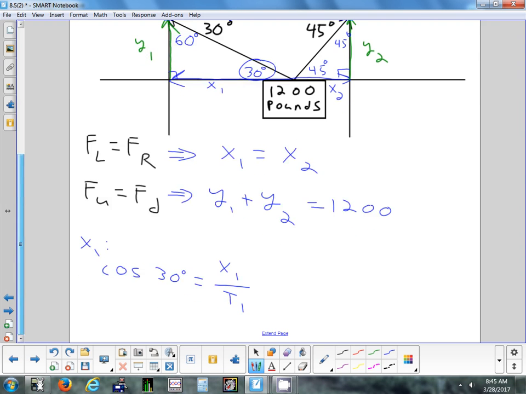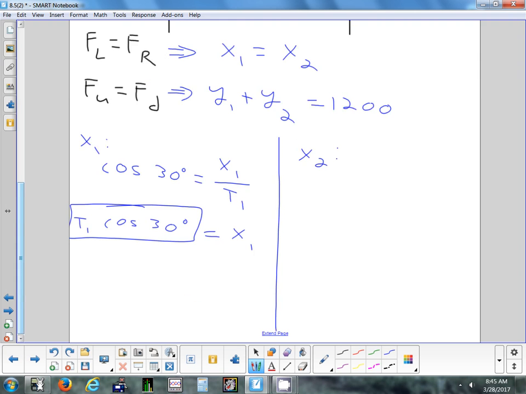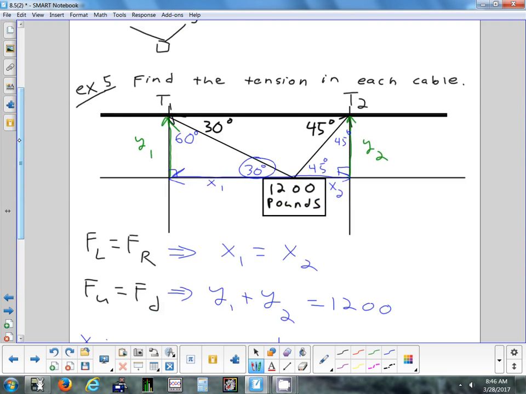And now, just get x1 by itself. So what's the formula for x1? T1 cosine 30. The four formulas that we're going to come up with are going to look just like this: a tension times a sine or a cosine of an angle. So now let's do x2. And let's do it from the perspective of that angle.